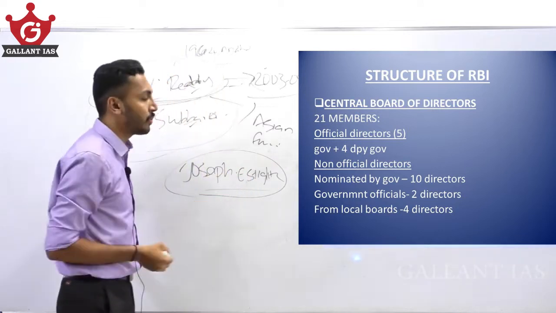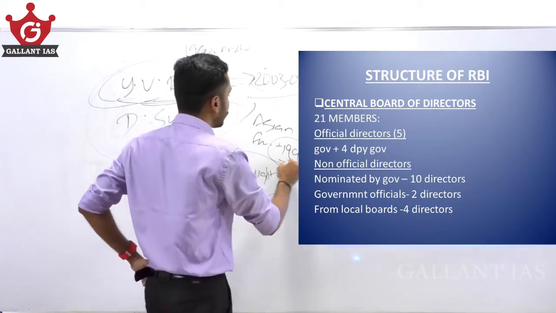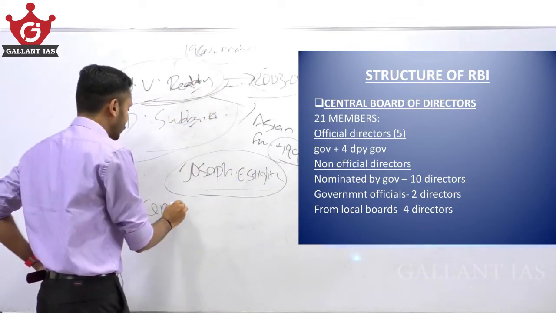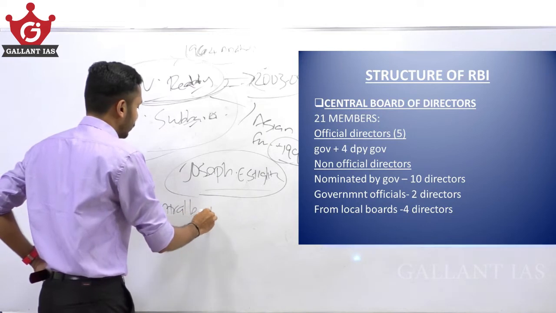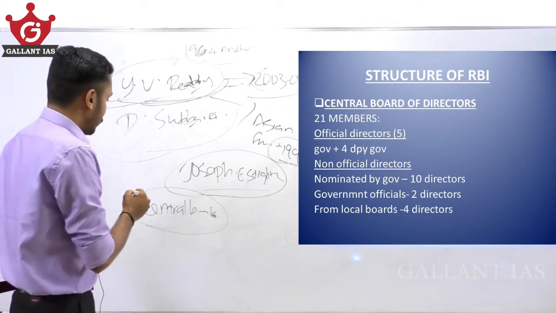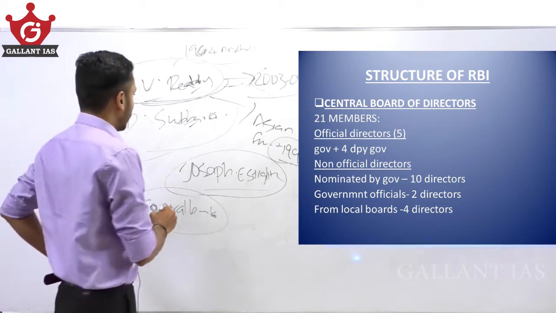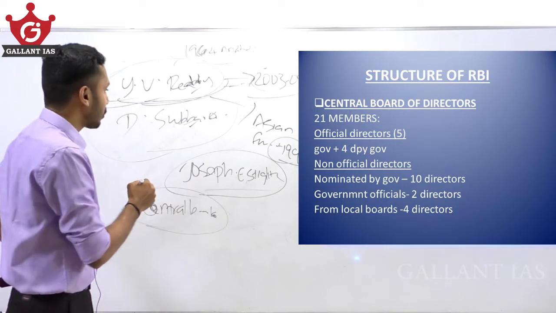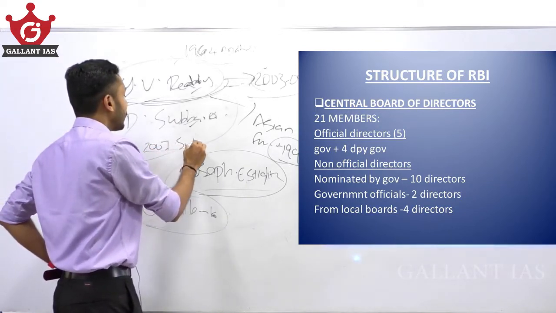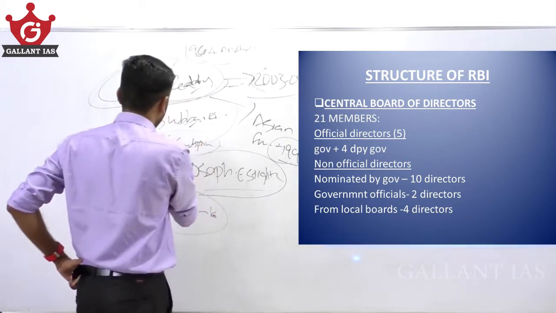Now the Reserve Bank of India is regarded as the most competent and strongest central bank in the world. And India is one of the countries that never had a huge impact from the 2008 subprime financial crisis.